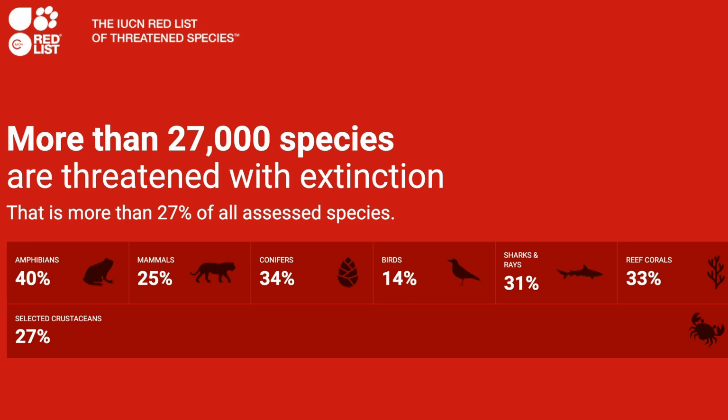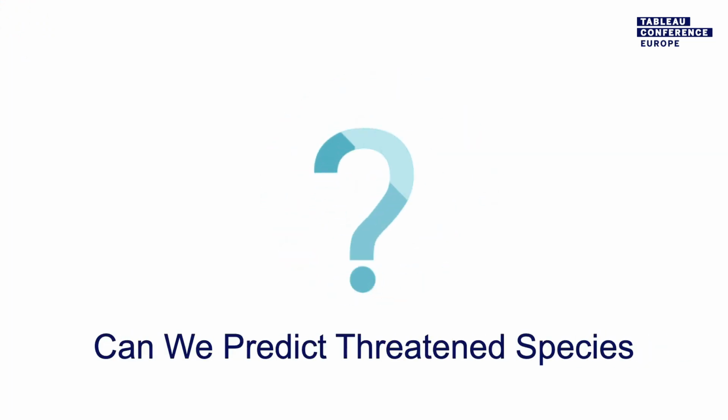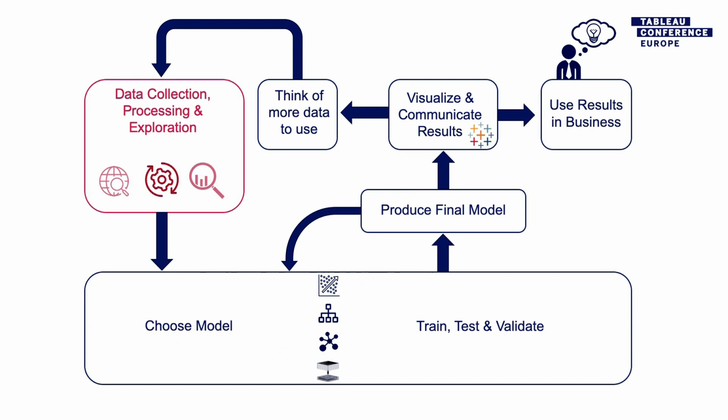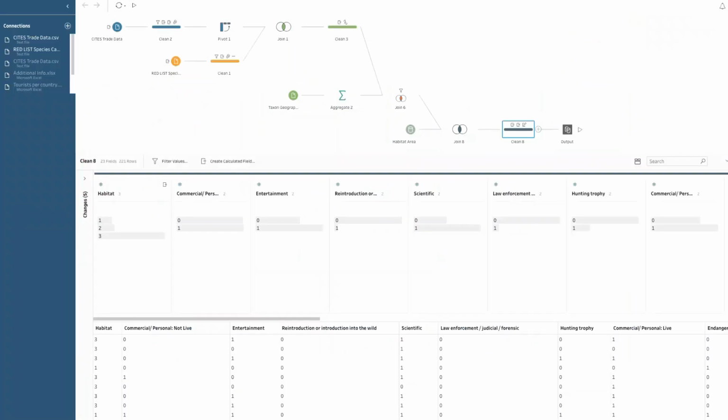So, knowing that the predicted increase in global warming will have a dramatic impact on global biodiversity, I want to use this data to investigate: can we predict threatened species? So now we're back at stage 1. We need to find data to answer our question. So again, I used Tableau Prep to combine 2 different data sets that I found.